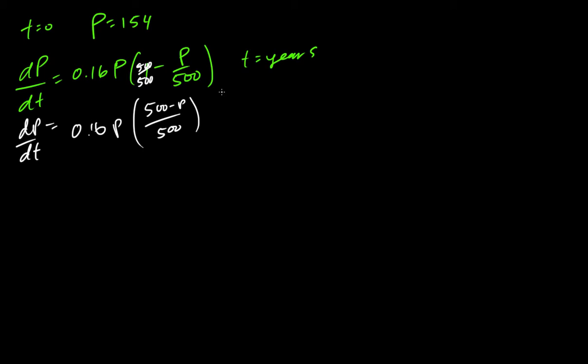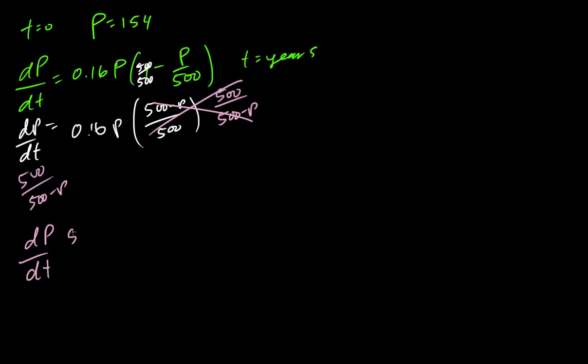Okay, multiply by the reciprocal. So let's do 500 over 500 minus p times dp dt, which equals 0.16 p.